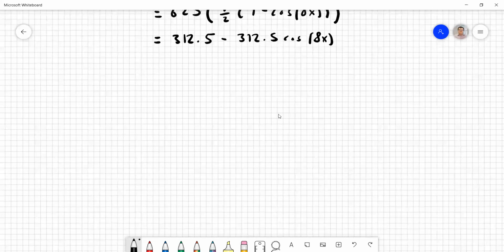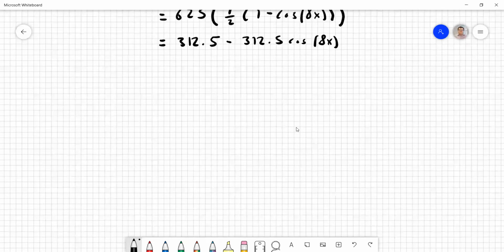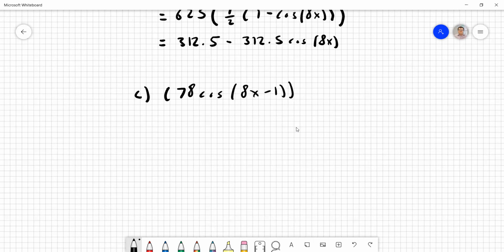Moving on to C. This time we have the expression 78 cos 8x minus 1 all squared. And we observe a similar procedure to the previous two questions.